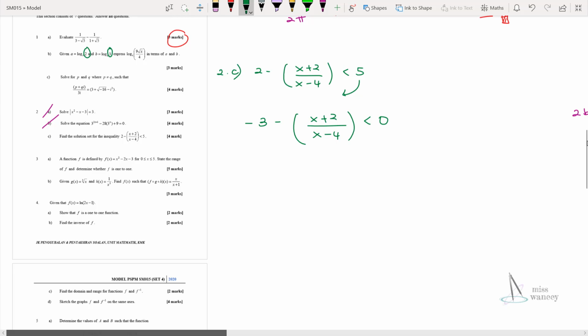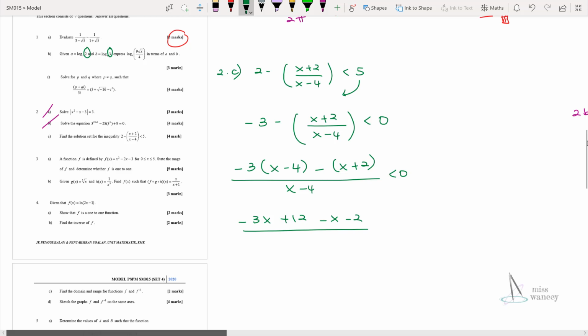Okay, so what happens next is that you can actually have a common denominator. So this is (-3(x - 4) - (x + 2))/(x - 4) less than 0. So this is (-3x + 12 - x - 2)/(x - 4) less than 0.